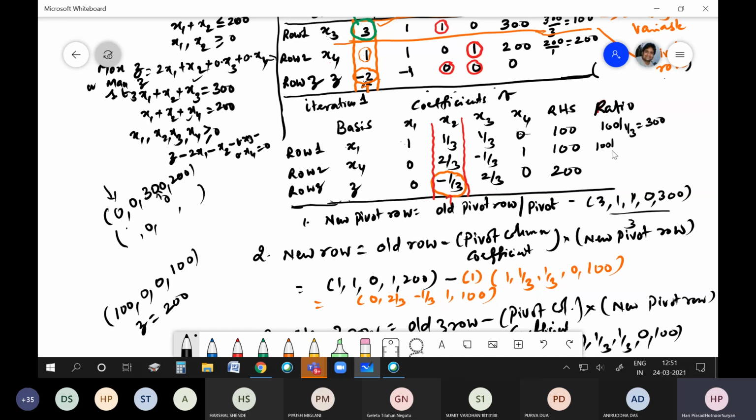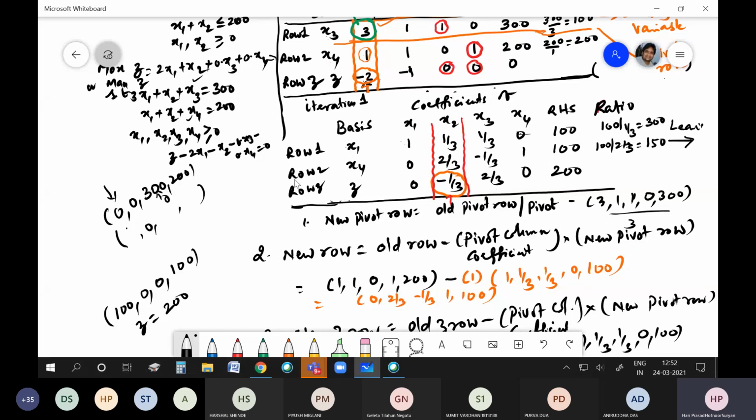And this is 100 divided by 2 by 3, which is 150. Both are positive, so you take both ratios. Which one will go out now? The one with the least ratio, X4. So this will be the leaving or departing variable.